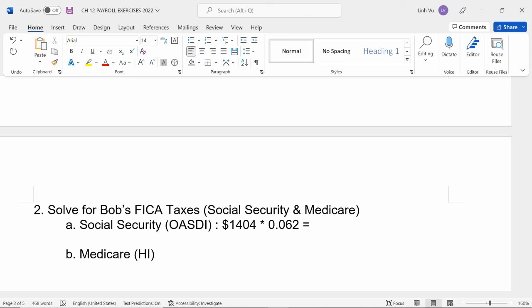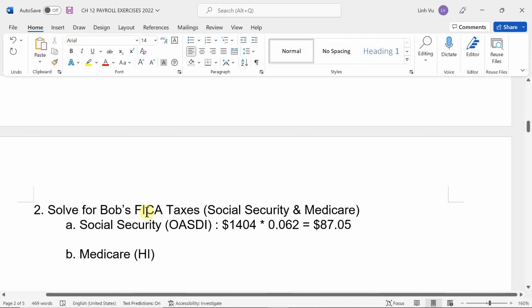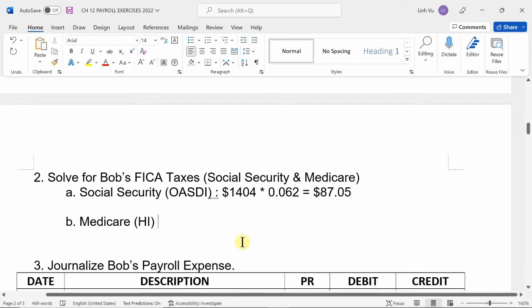So in this case, let's go ahead and calculate that. 1,404 times 0.062. His total Social Security that he's going to be putting in is $87.05. Okay? $87.05.